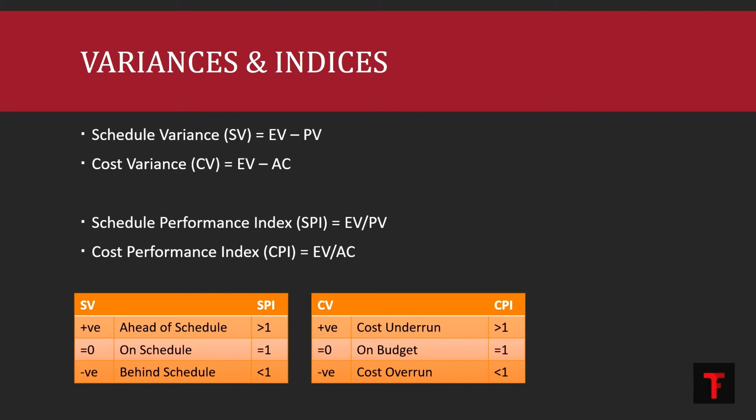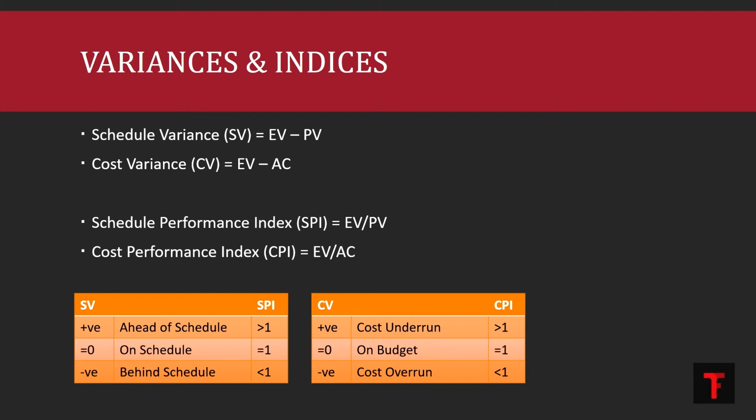If CV is negative or CPI is less than 1, I can say that there is a cost overrun. That means we have spent more than what we should have, or more than what we have planned for. So that is about these variances and indices.